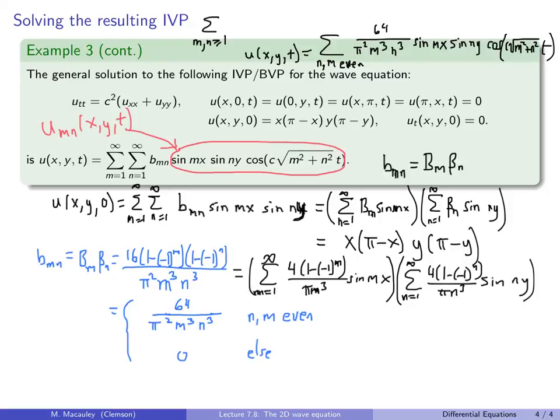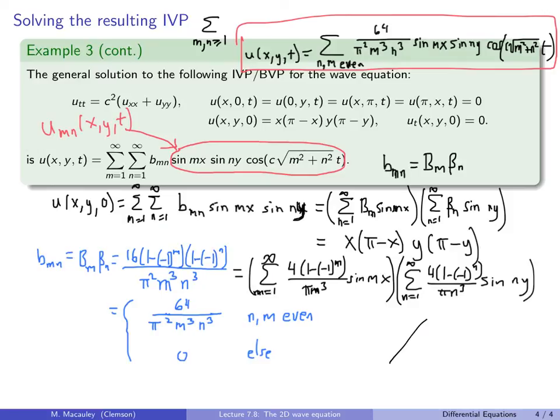And this thing right here is the particular solution to this initial and boundary value problem for the wave equation. Notice, as time goes on to infinity, this thing is not going to approach a steady state solution because this cosine is going to oscillate. Notice that the frequency of the cosine waves is going to be different than the frequency of the sine of mx and sine of ny.